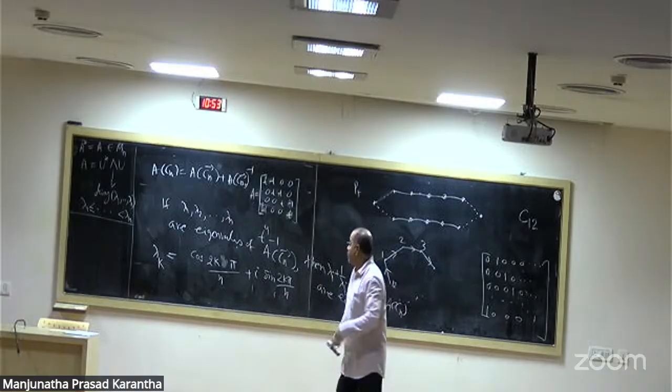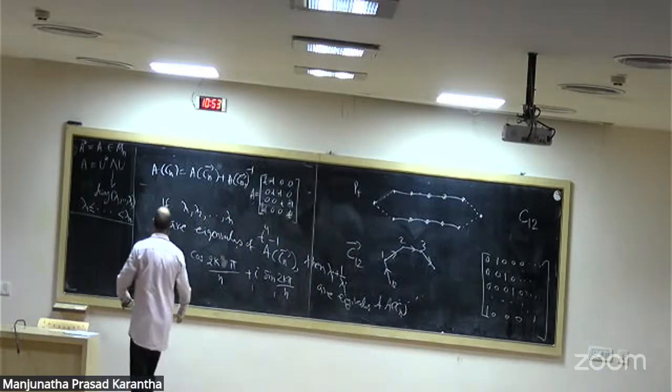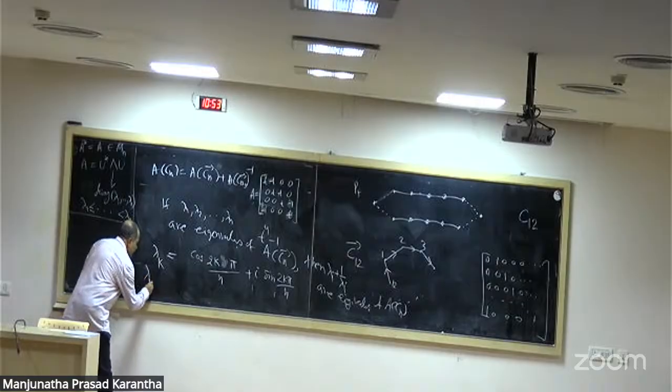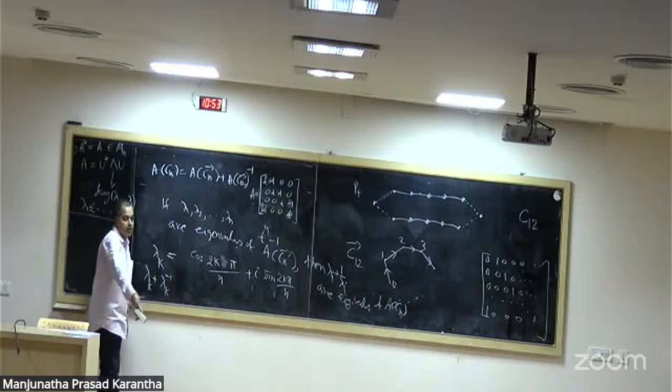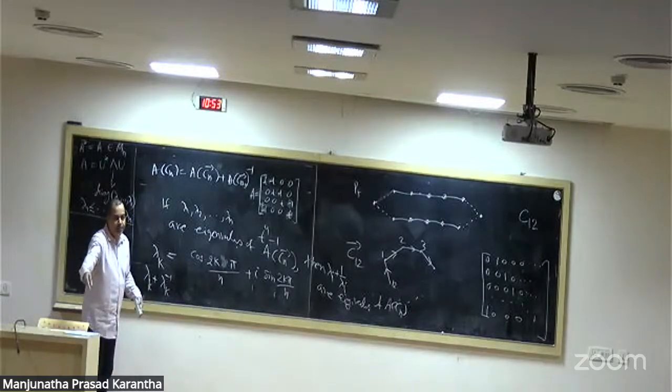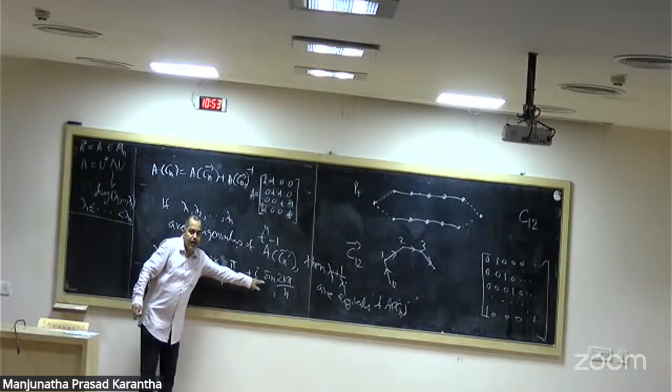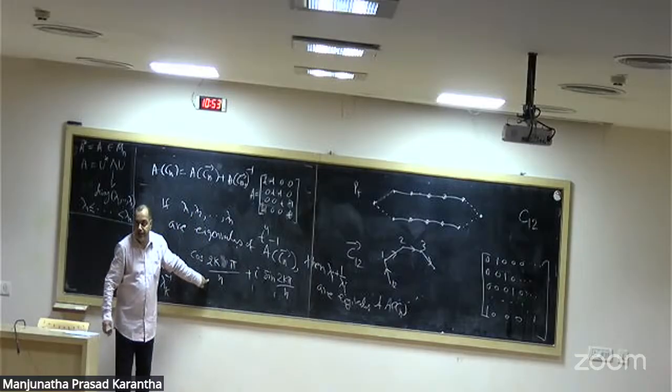So then what will be the sum? It is essentially, when you are adding, this is minus k, as it is minus k. And therefore, what will cancel out? This will cancel out, and you will get twice of this.